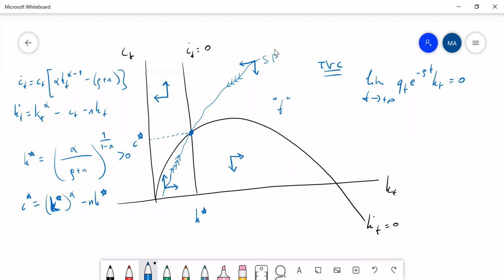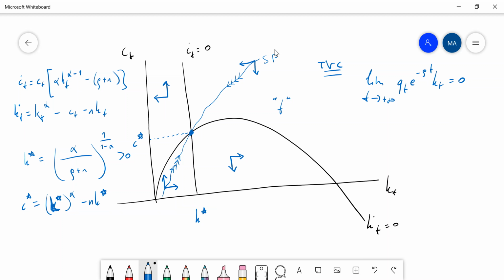You converge to the steady state. That's the property of the saddle point equilibrium. And if you are not exactly on the saddle path for any t, then you never go to the steady state.